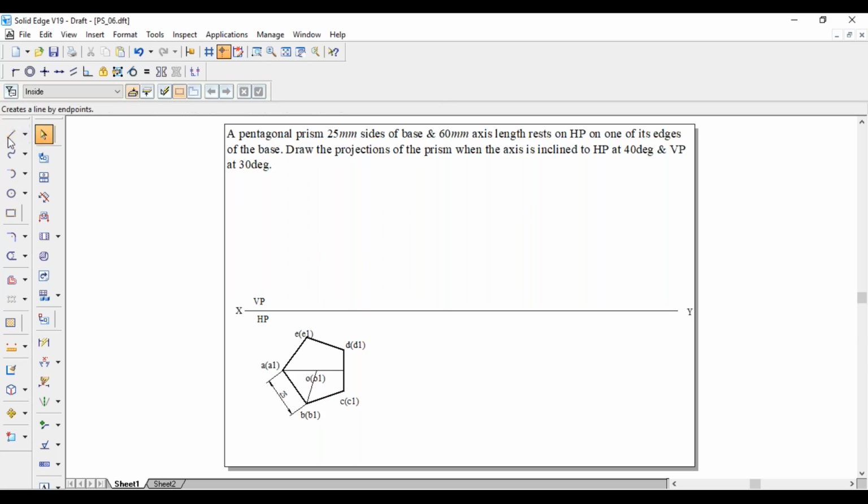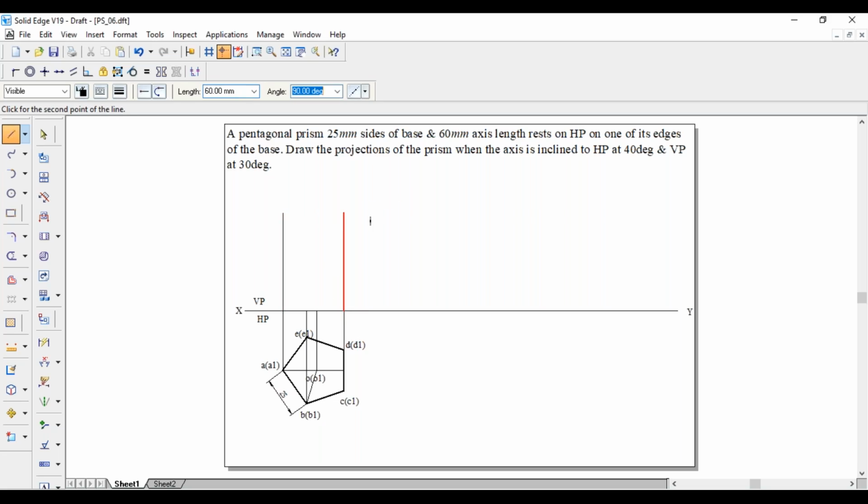Now project the points to XY line. Now as it is a prism, so axis length is 60 mm, means side length is also 60 mm. From this one, 60 mm.